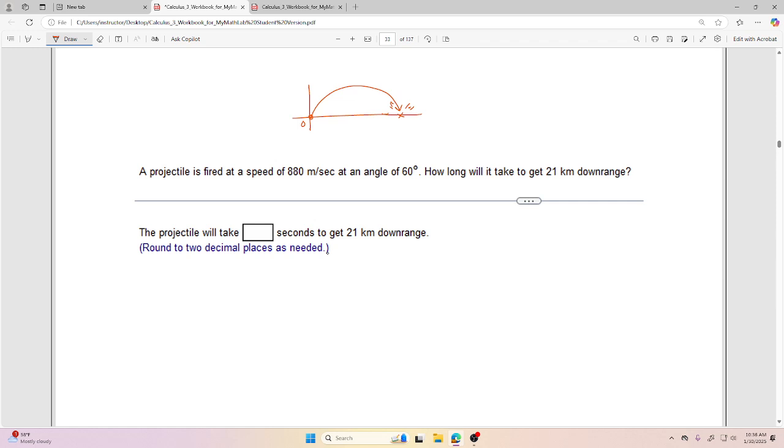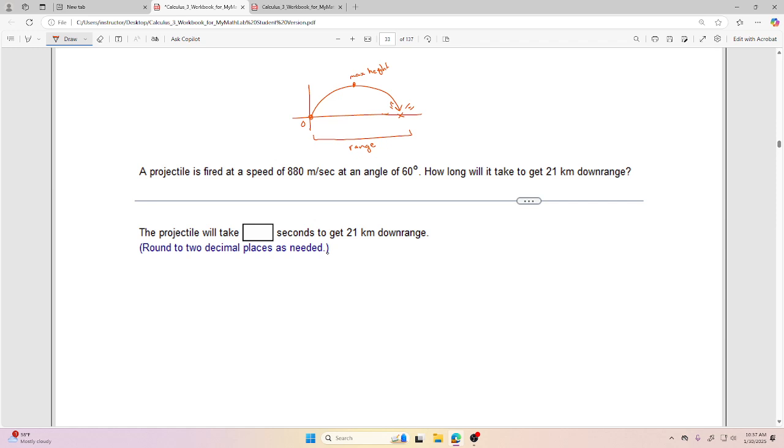What we're wanting to do eventually is to find how high it went. So this would be the max height. We can find this thing called the range, which is how far it went. And then how long it was in the air and all kinds of different things. We're going to see that as we go.